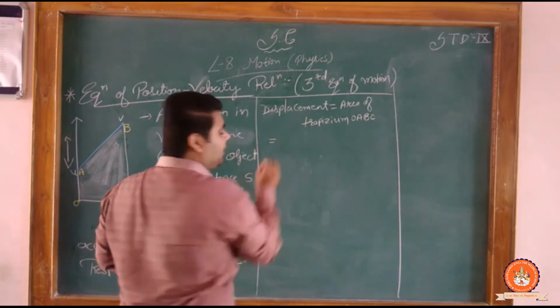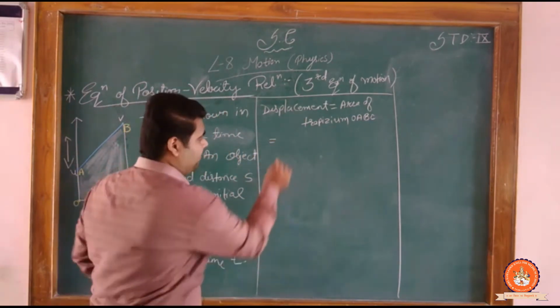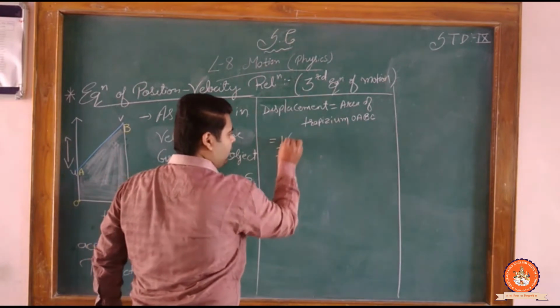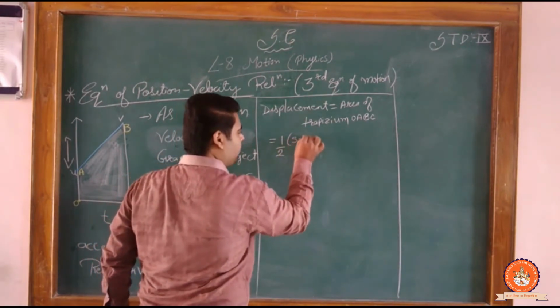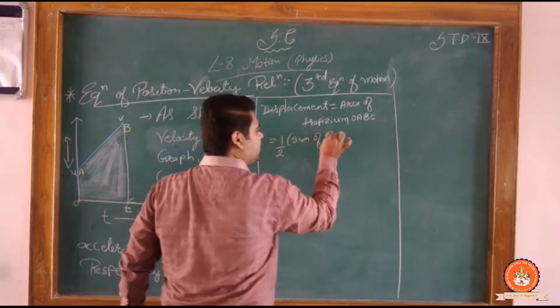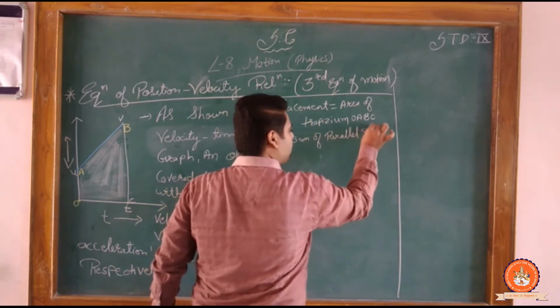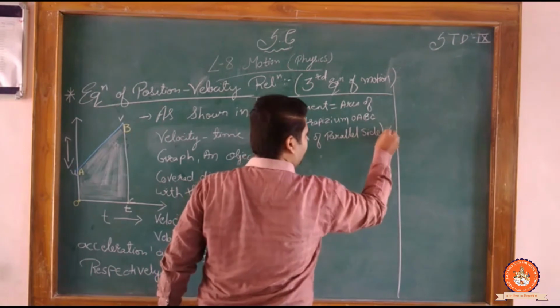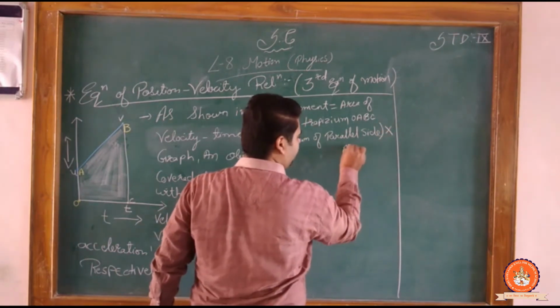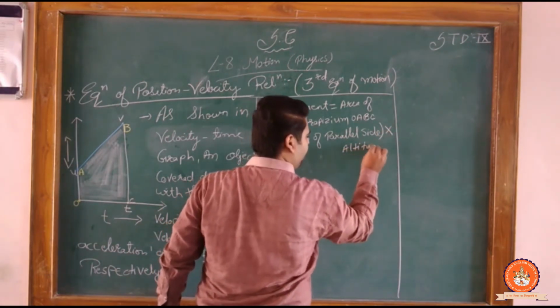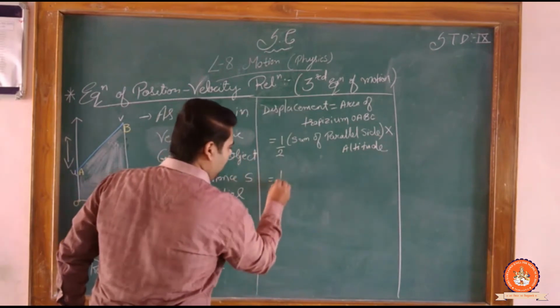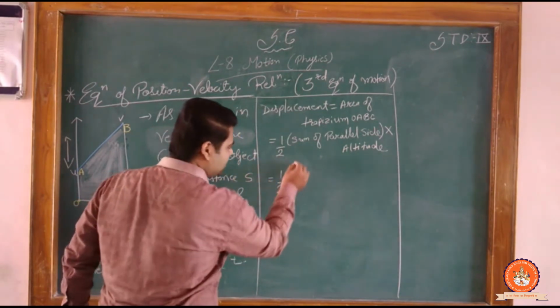And we know that the area of a trapezium is half into sum of parallel sides multiplied by altitude. Half stays as it is.